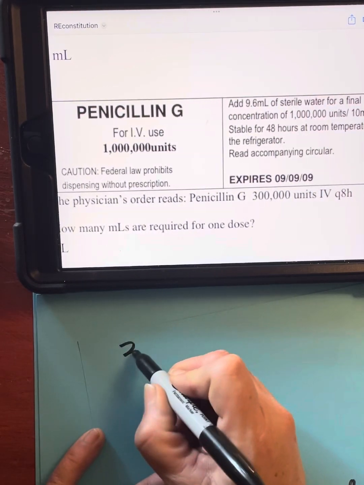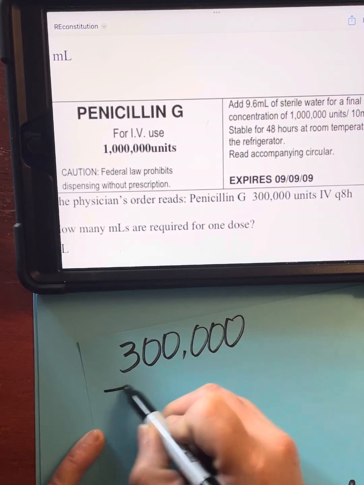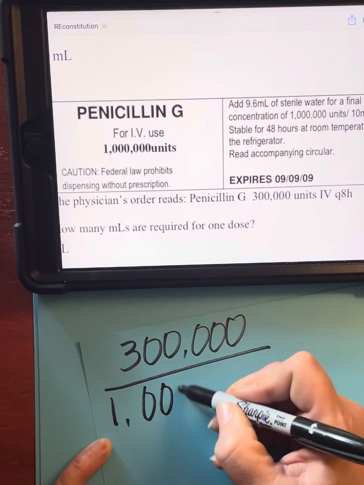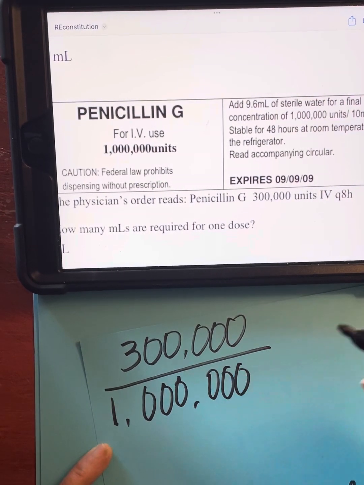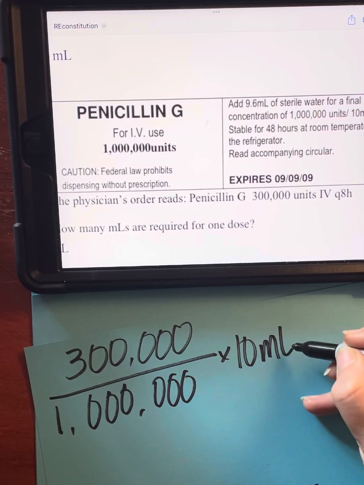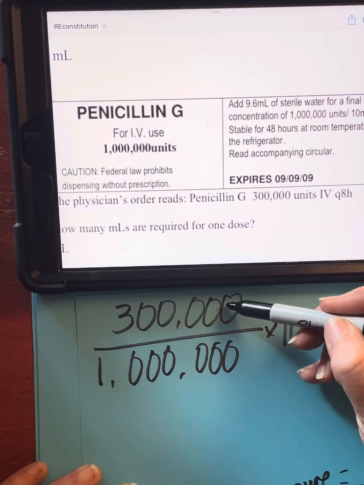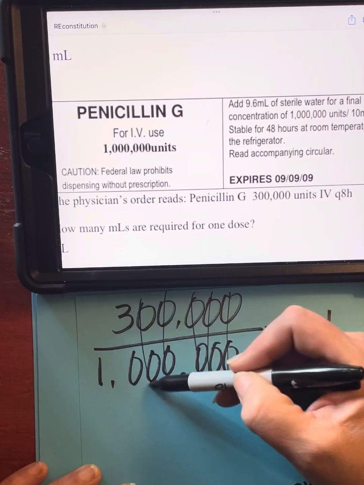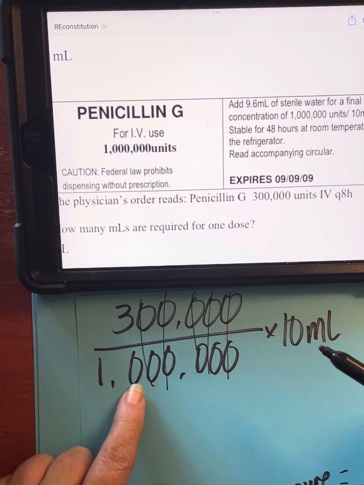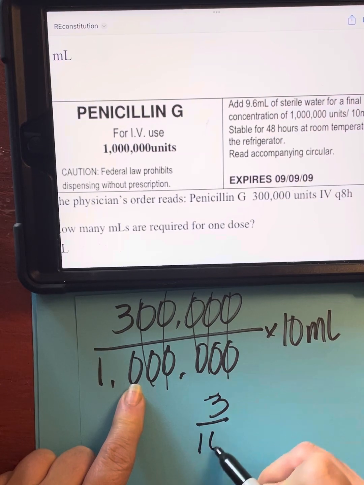He wants 300,000. We have 1, 1, 2, 3, 1, 2, 3 per 10 mLs. Now, for those of you who are kind of more solid in math, you can take all these zeros off until you get to the next number that ain't zeros and do 3 over 10.